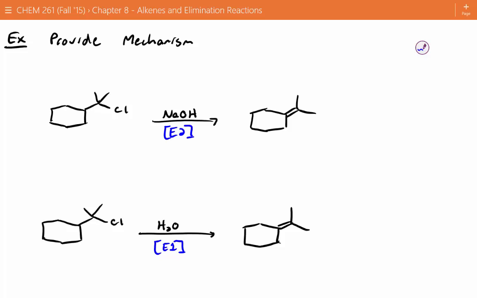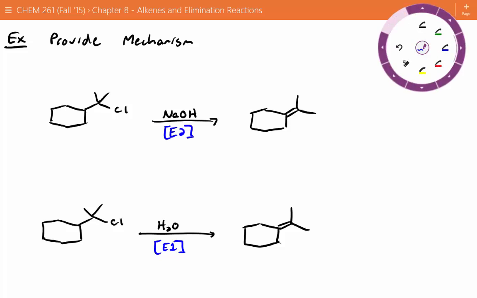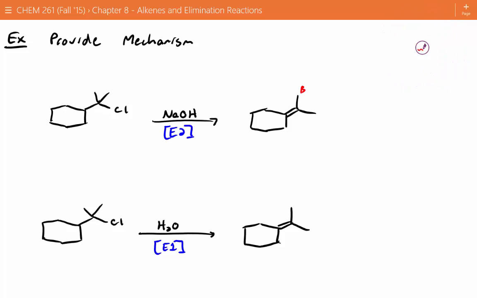So if we look at the first reaction, what's that sodium hydroxide going to do? It's going to take one of the protons from the methyl group. It's going to grab a proton. Which proton is it going to grab? It's going to have to grab a beta hydrogen, but if we look at our product, these beta hydrogens here and here didn't get formed into a double bond, which means we must have grabbed one of the beta protons coming off of here.